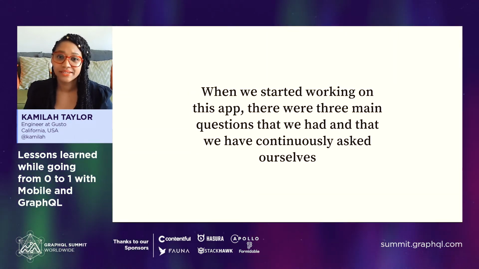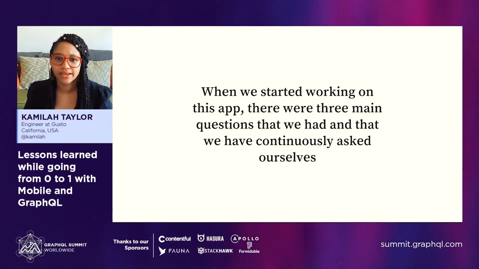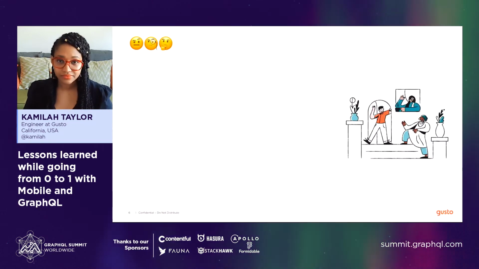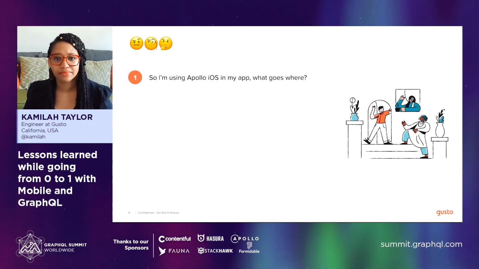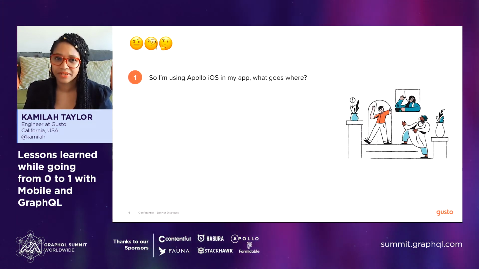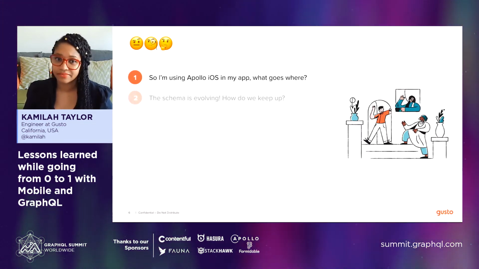For us, when we started working on this app, there were 3 main questions that we and our wider team had, and that we have continuously asked ourselves. The first of these questions: so I'm using Apollo iOS in my app, in addition to my networking stack. What goes where? The schema is evolving.